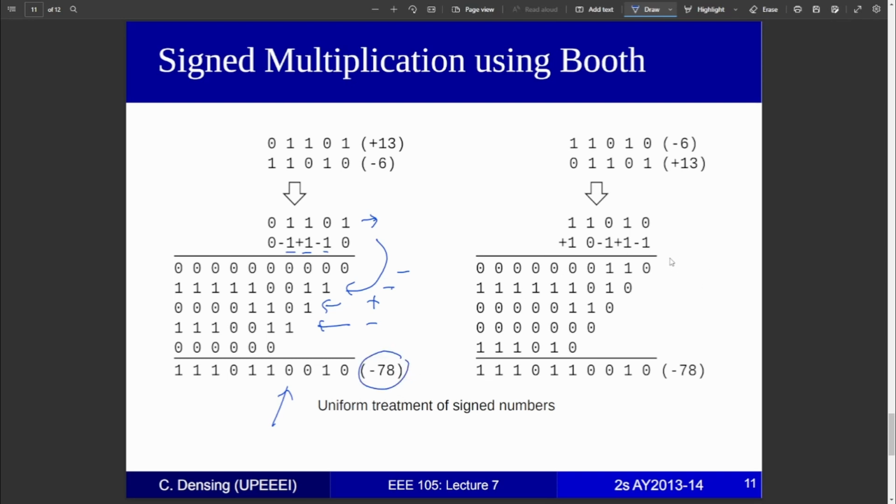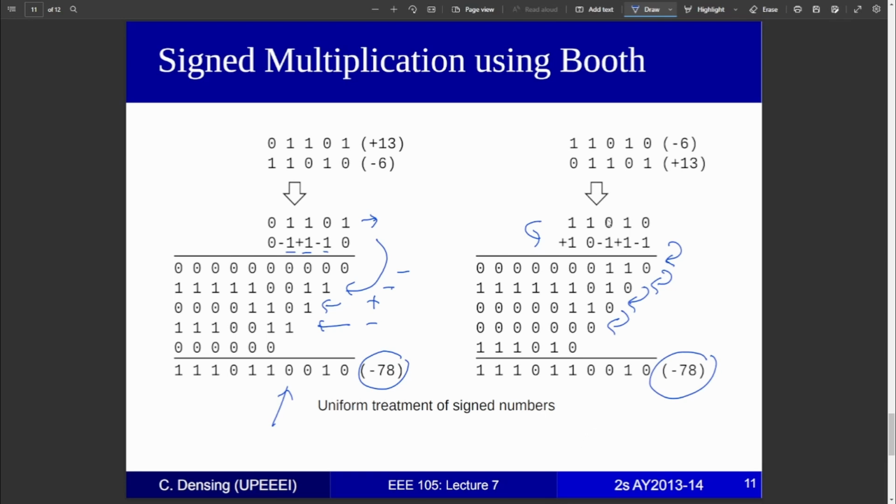Here as well, you can have a Booth multiplication of a negative and a positive number, and you can still represent that using Booth multiplication. You still also get negative 78.